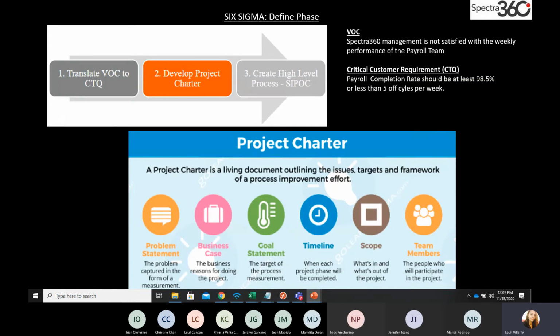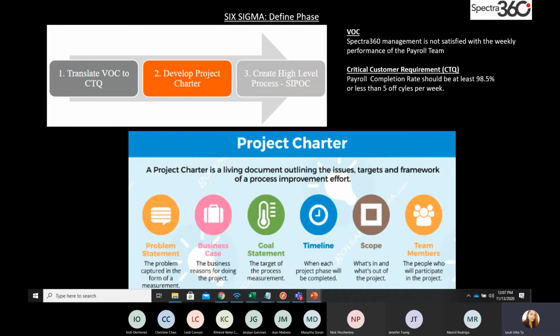I'll show you later on an example of a SMART goal. For the timeline, each of the project phases will have to be indicated there, as to how you can complete each phase. Scope would be whatever is involved in your project, and whatever is not involved has to be indicated as well. And of course, the team members.